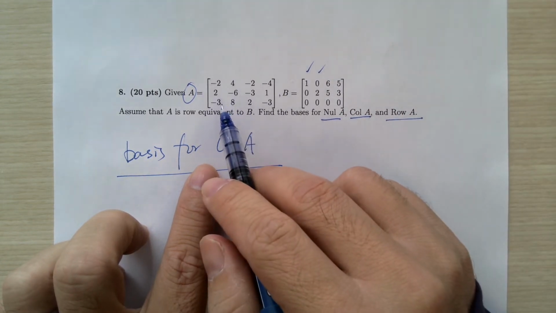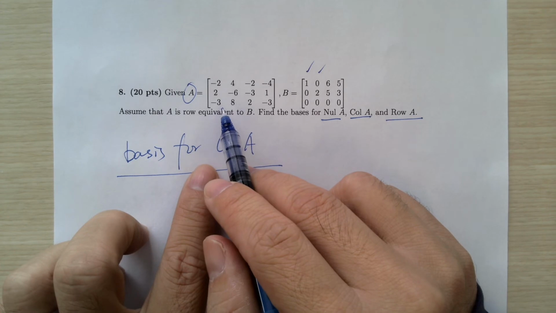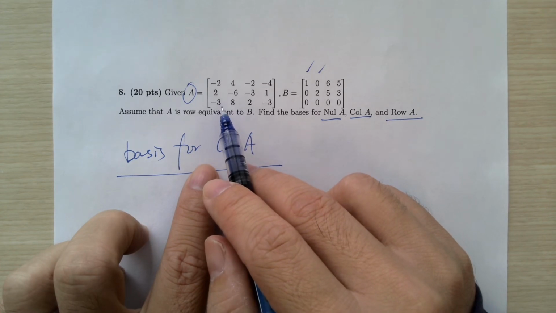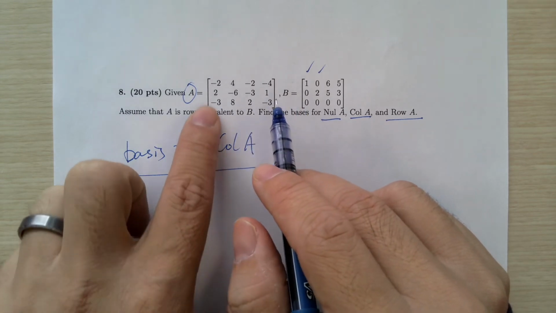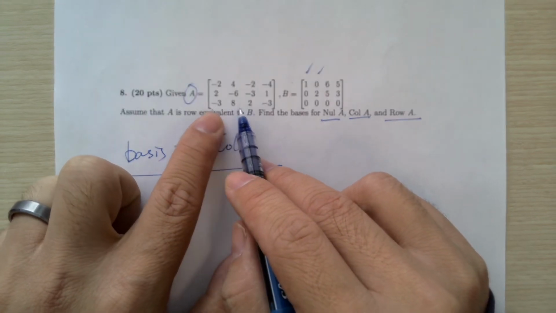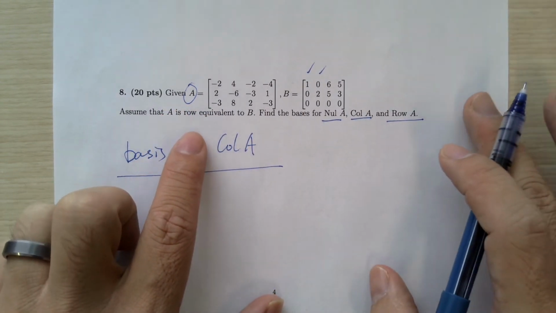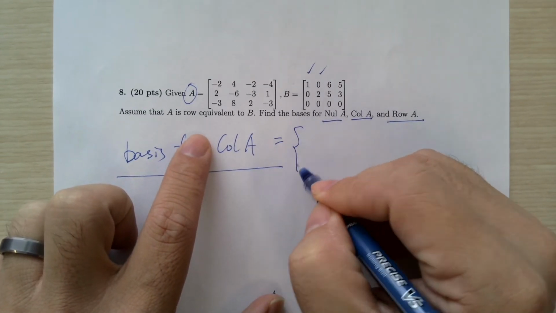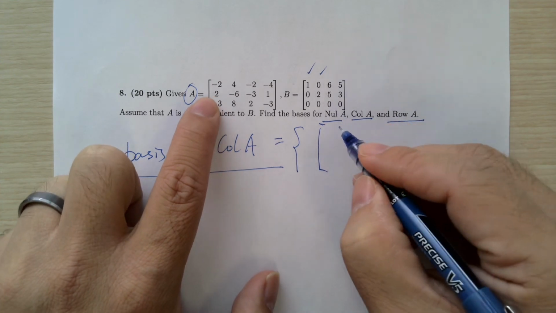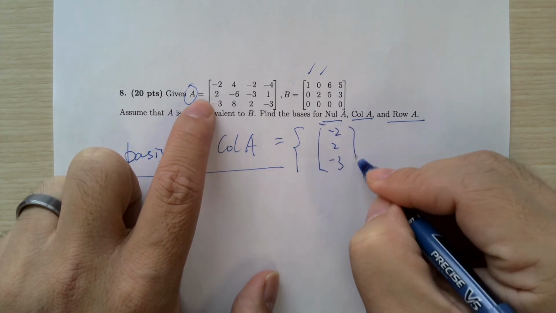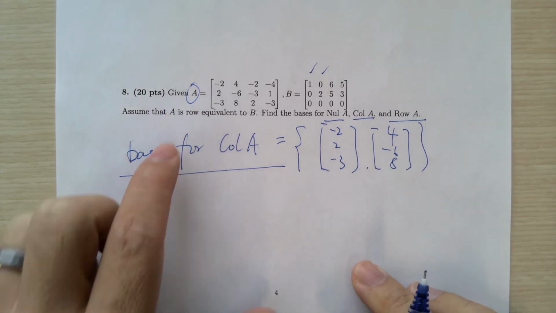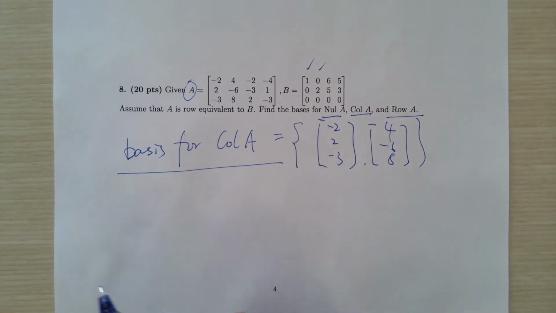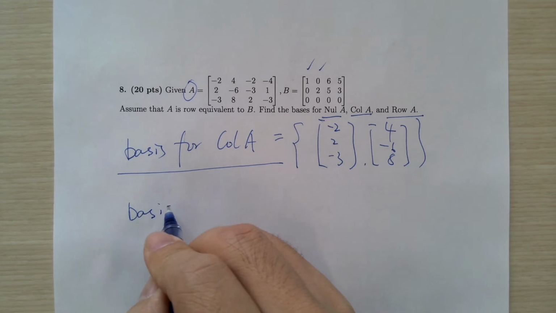So correspondingly, the column vectors corresponding to the pivot positions are going to become the basis for the column space. So this one, as you can see, is going to be -2, -3, 4, and -6, and 8. Okay, so that's it.